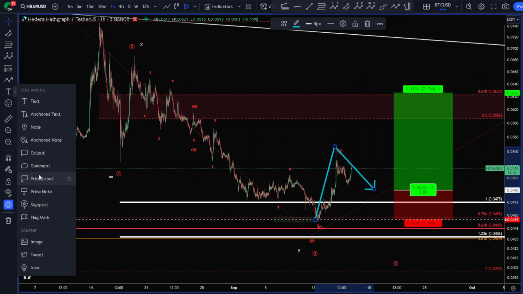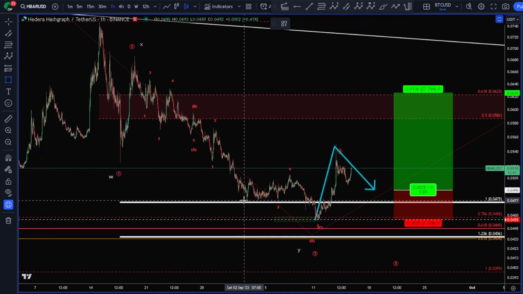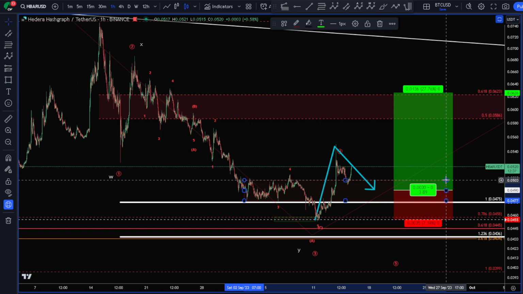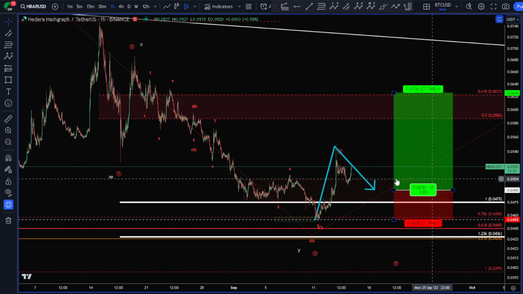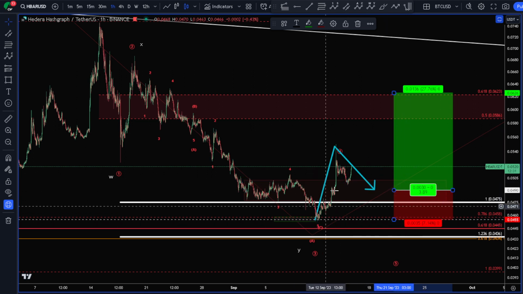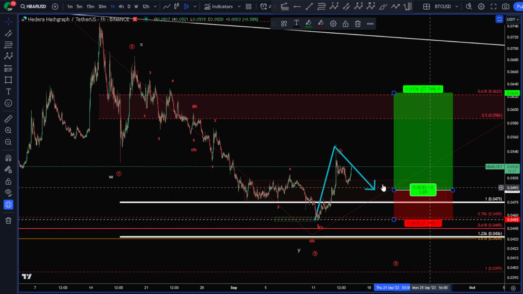Guys, just looking for my box there. There it is. So looking for support in this area off a 3-wave ABC. I'm still not in this trade yet. That was just the setup I suggested we look for. Break this resistance, then come back and find support at it.